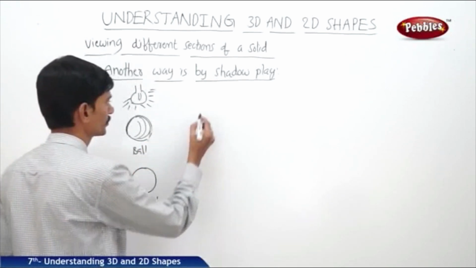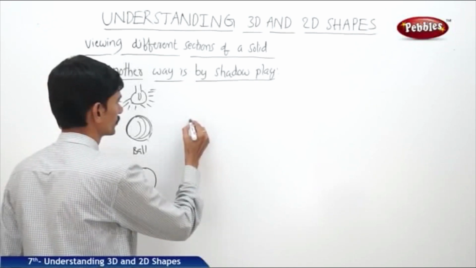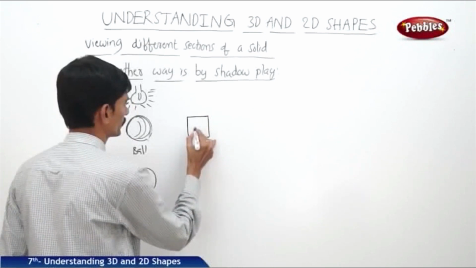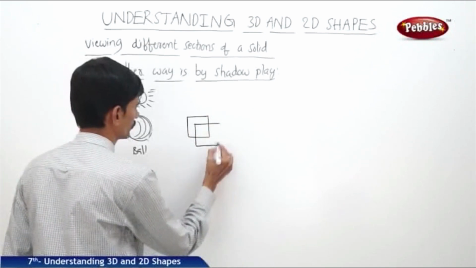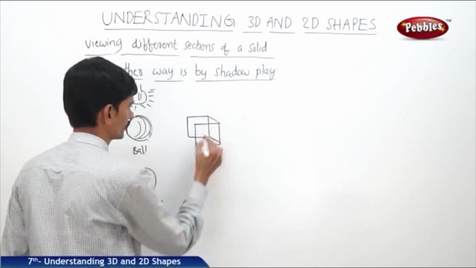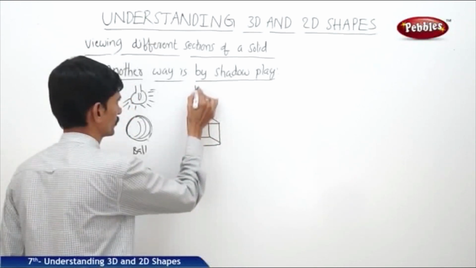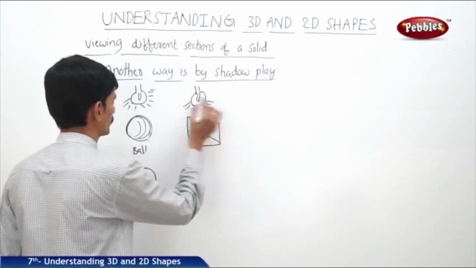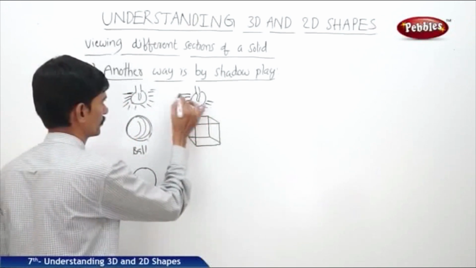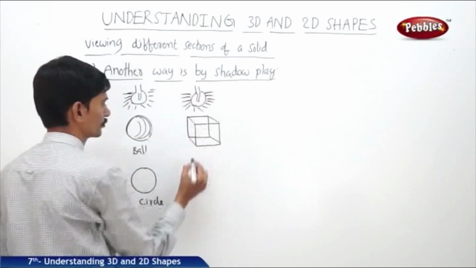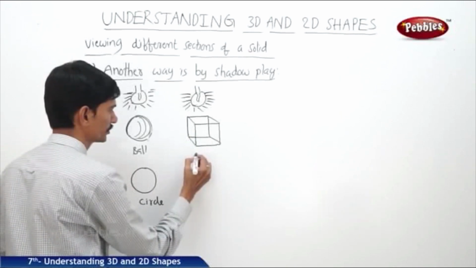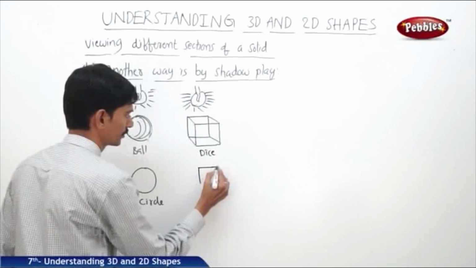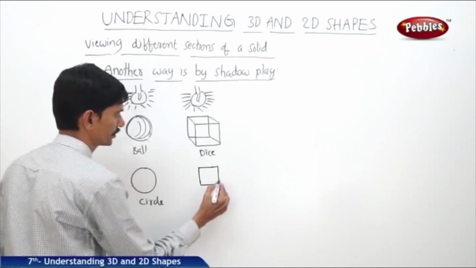Now if you take any cube, so this is a dice, then the shadow will be in the shape of a square.